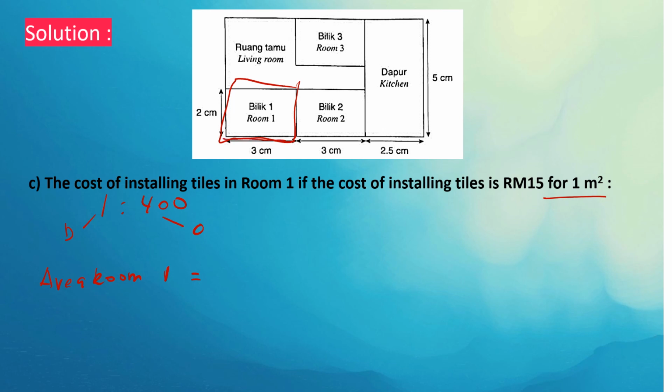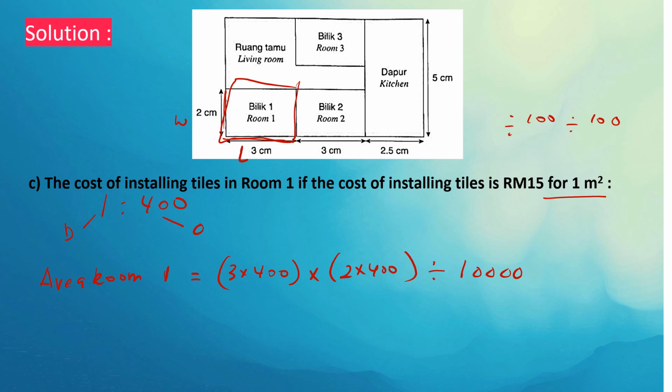So this is the length, 3 times 400, to find the original length, times with the width, 2 times 400. So this is the actual area for room 1. Remember this is in centimeter, you must find in meter. Just now we divided twice, from centimeter to meter square, so we can combine the zeros, so there are 4 zeros altogether.